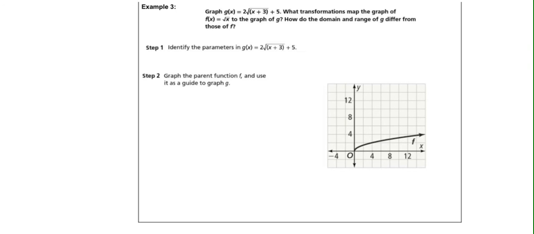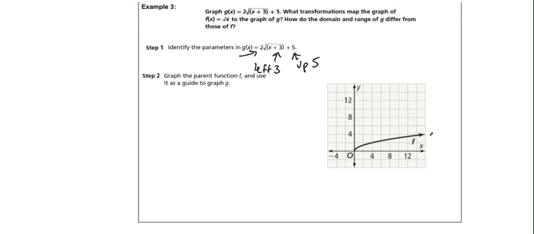So we can just identify the transformations, and then this is our parent graph right here, this f. So we're just going to move the parent graph given the translations. Okay, so right, this plus 5 tells us up 5. This plus 3 tells us left 3. Remember, it's the opposite for h.